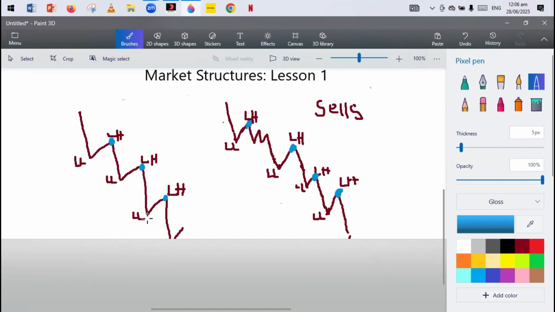This is impulse, correction or retracement, impulse, correction or retracement. That is how the market moves in a downtrend. So the market basically moves in a zigzag. There's no market where you will find the price moving in a straight line. It does not work like that.